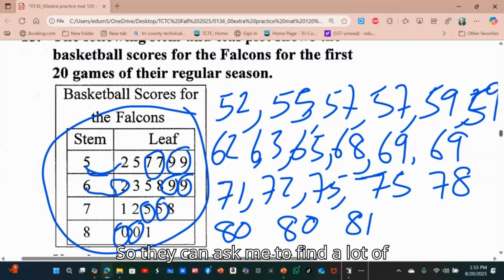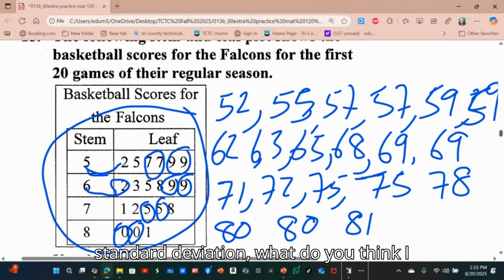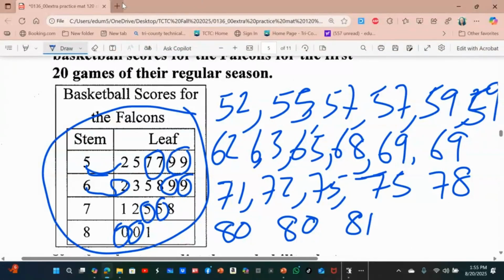They can ask me to find a lot of statistics from here: the mean, the median, the standard deviation. I think we're going to start from there next class. If I'm told to find the mean, the median, and the standard deviation, what do you think I can do? Are you still there?